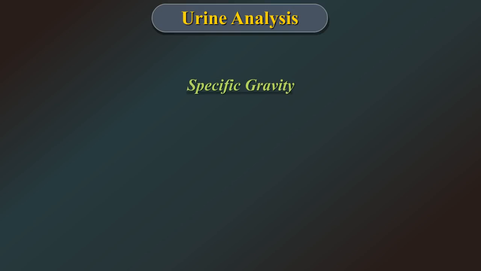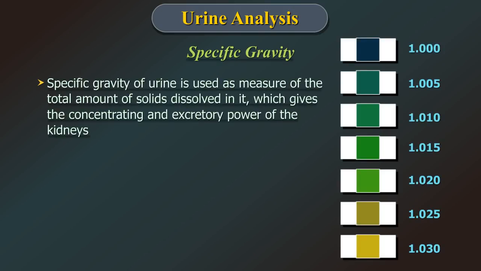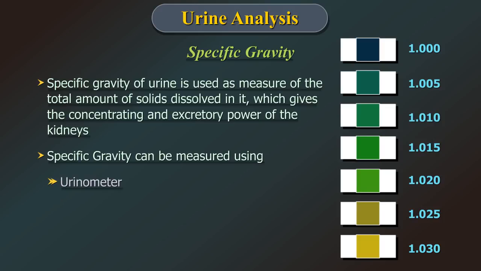Specific gravity. Specific gravity of the urine is used as a measure of the total amount of solids dissolved in it, which gives the concentrating and excretory power of the kidney. Specific gravity can be measured using urinometer, refractometer, or the reagent strips.